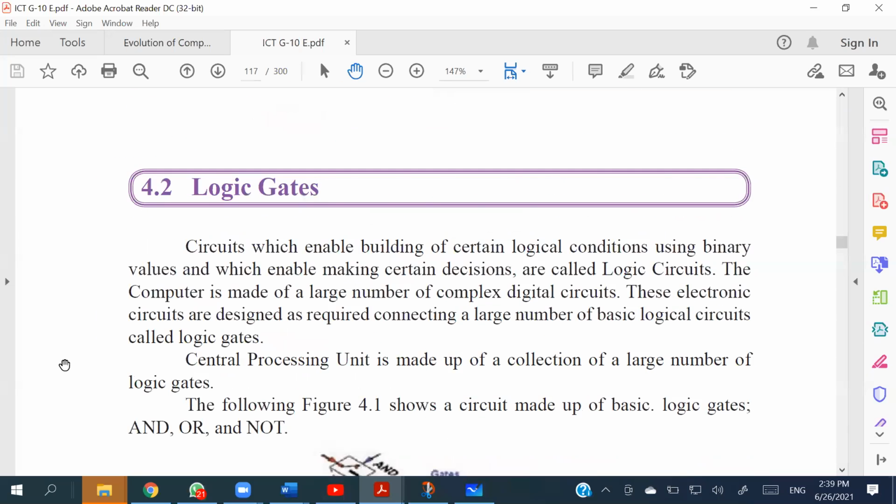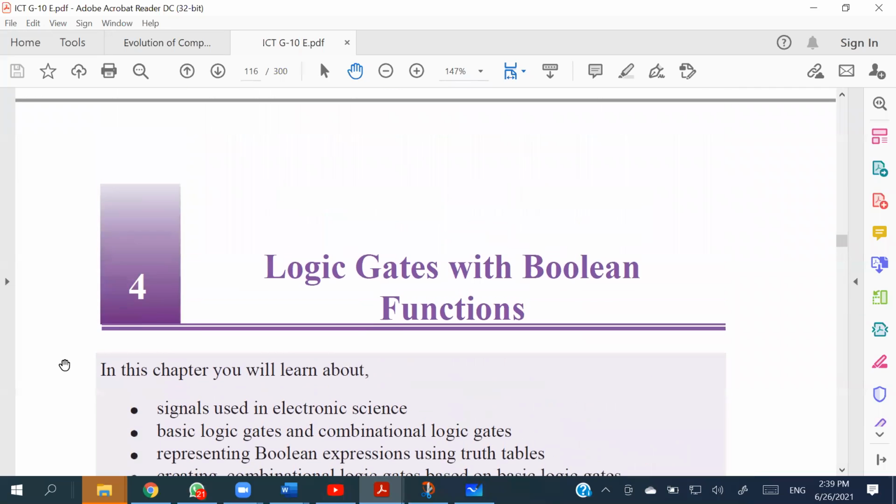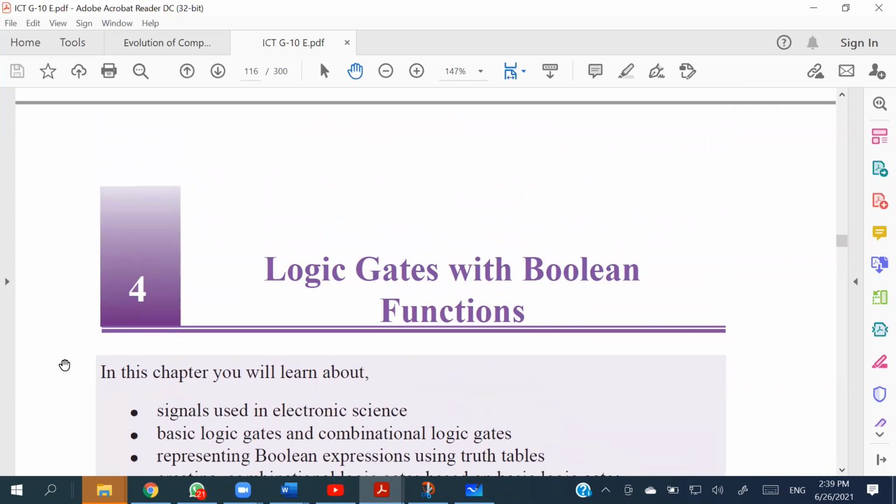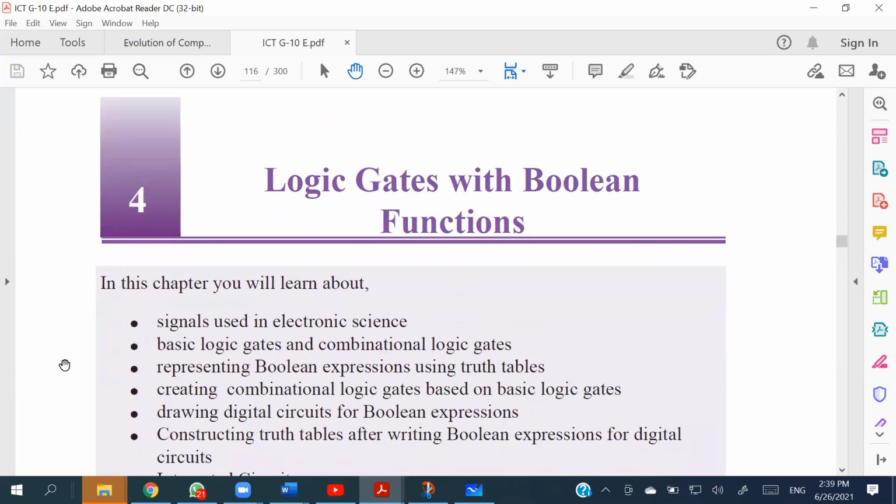Okay, so everyone have the heading logic gates with Boolean functions. I'll give you a minute to write down the heading, so then we can carry on.